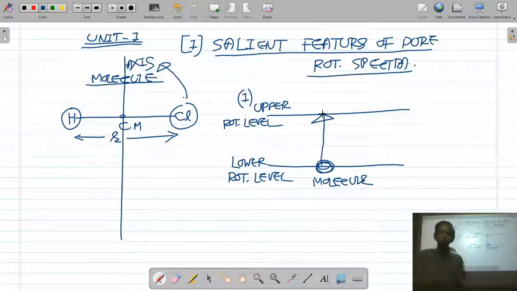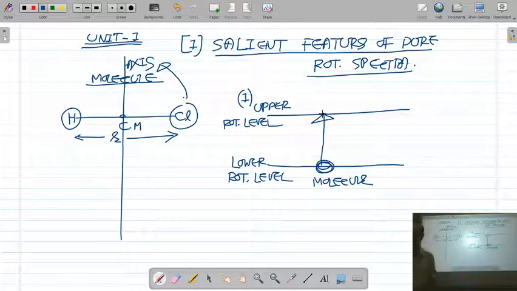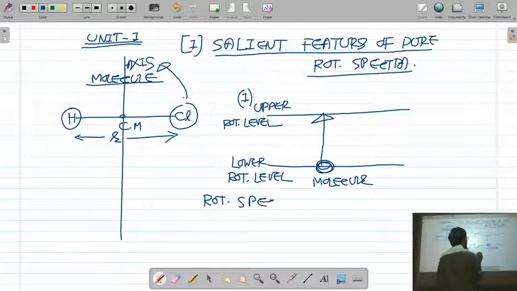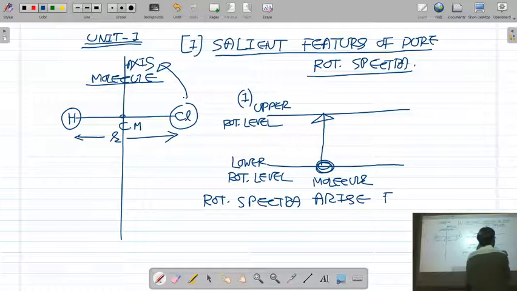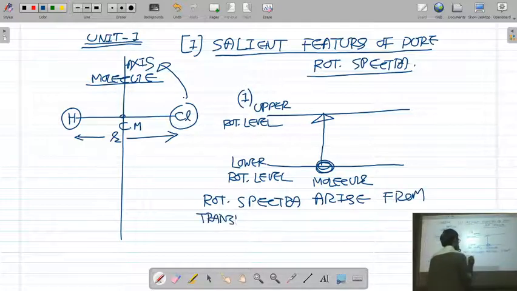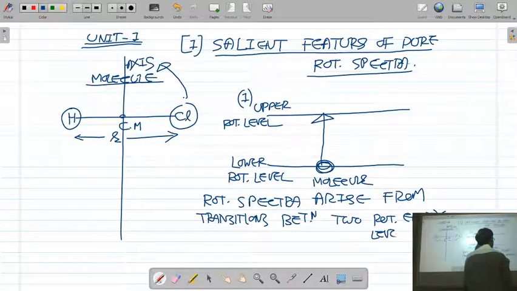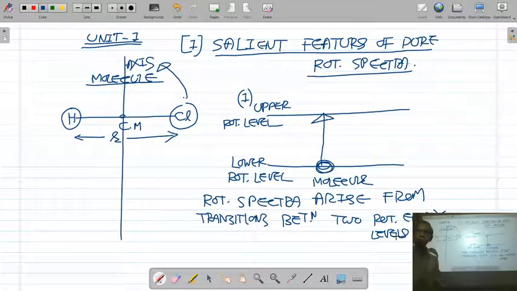So the first important feature of the rotational spectra is that rotational spectra arise from transitions between two rotational energies. So this is the first salient feature of the rotational spectra.